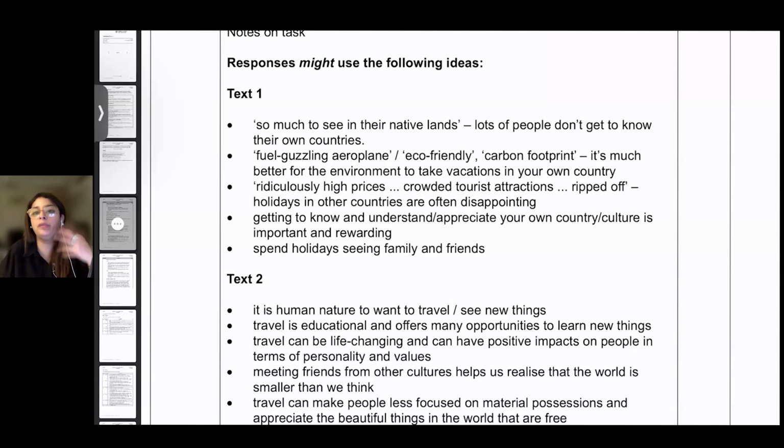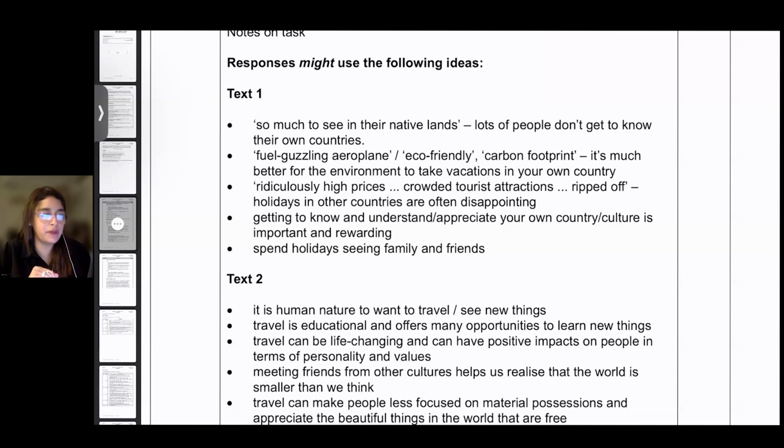Instead, you need to be there to know what it's like, right? So that is something that we can use as a point to support the idea of how traveling internationally is very beneficial.